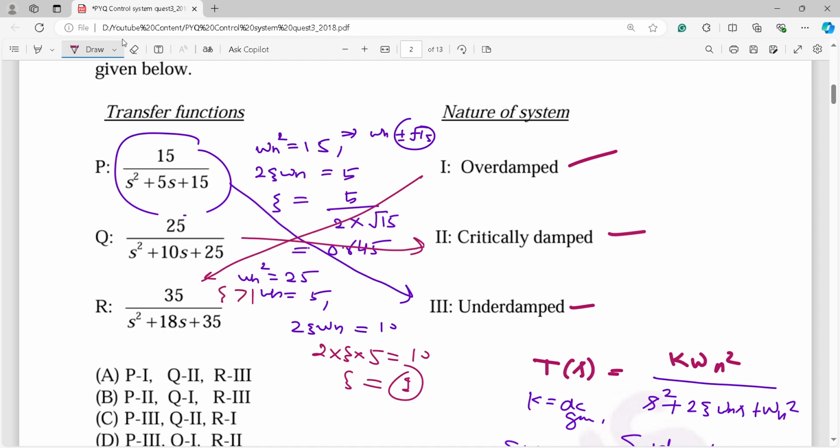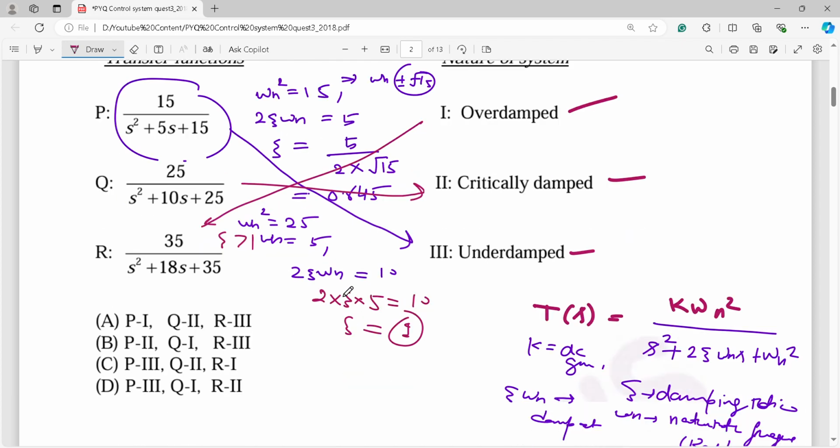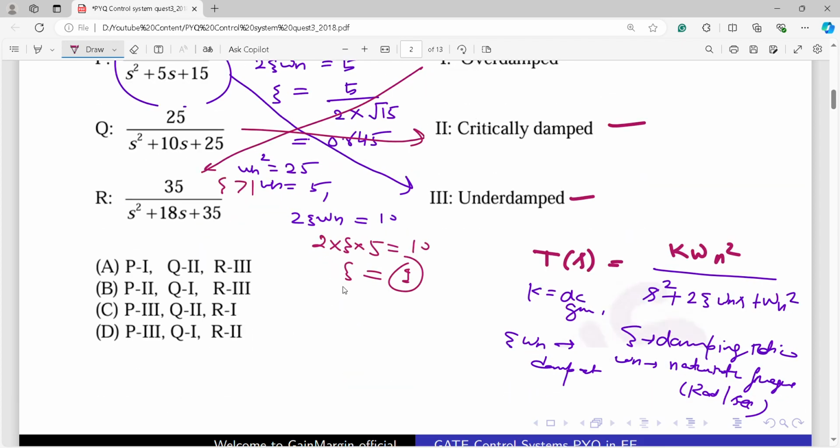In our exam, there is no need to solve further, but for the sake of completeness, I am calculating. For this transfer function, omega n square is equal to 35 and 2 zeta omega n equal to 18.